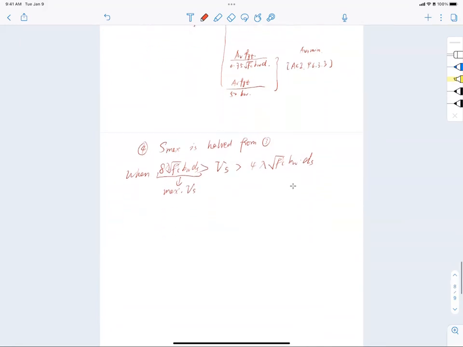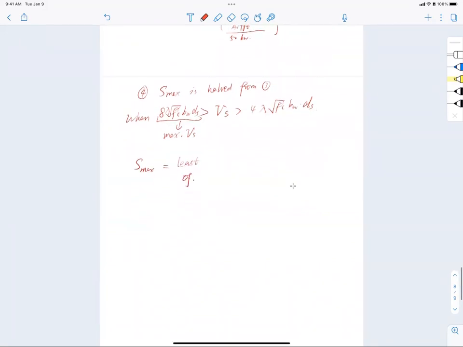All right, and when this happens, the maximum spacing between stirrups S max will be the least of half the spacing. Remember, half the spacing. So what do you mean half spacing? Means that d over 4 and 12 inches.